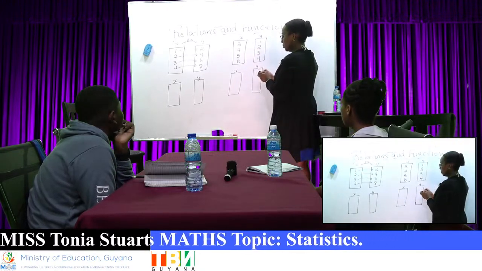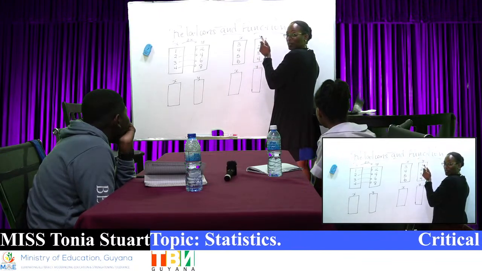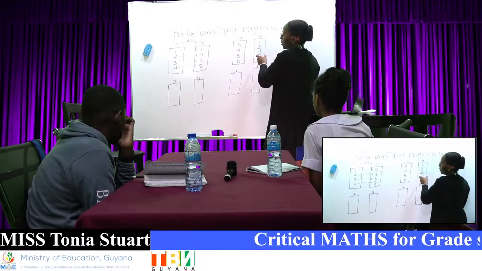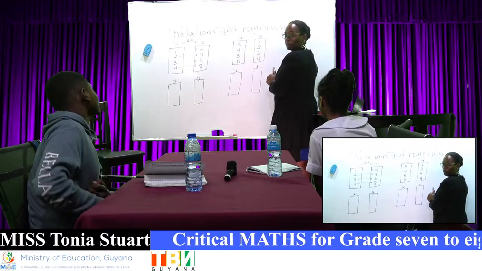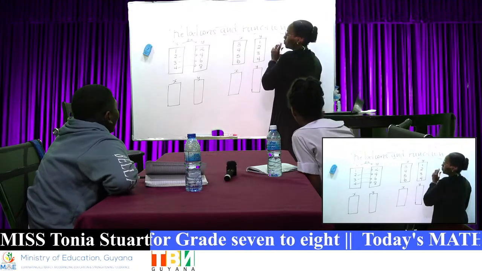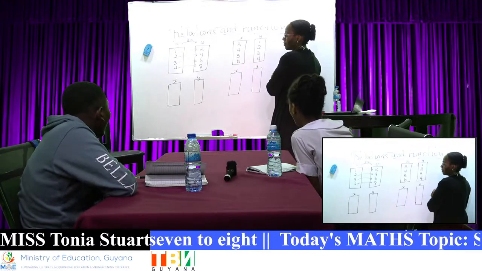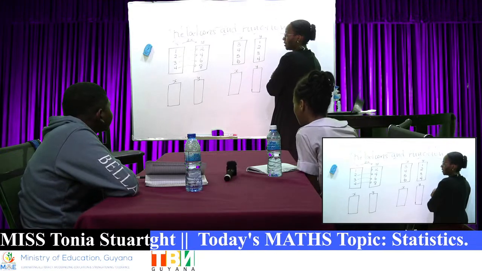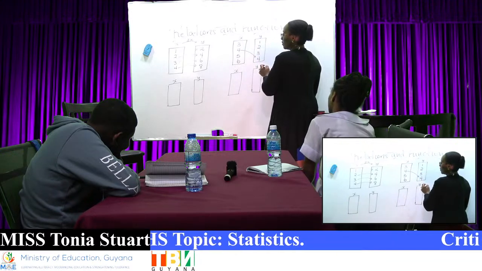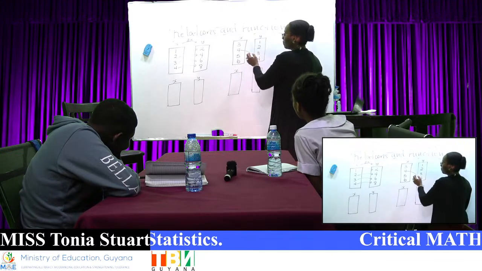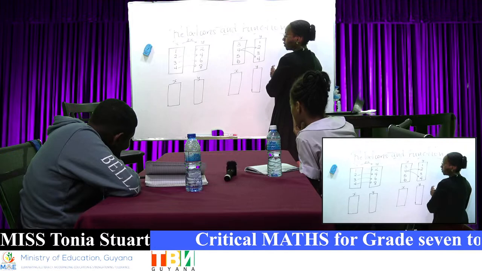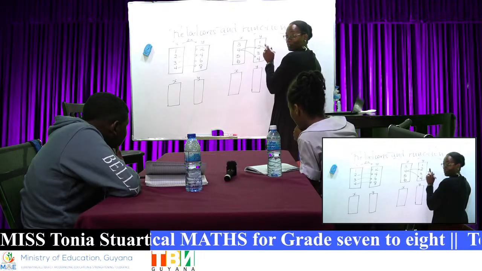Now, Alia, I would like you to give me a mapping from your domain to your range, creating a many to one. 4 to 2. 3 to 3.